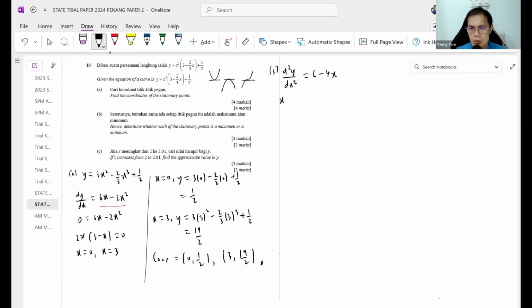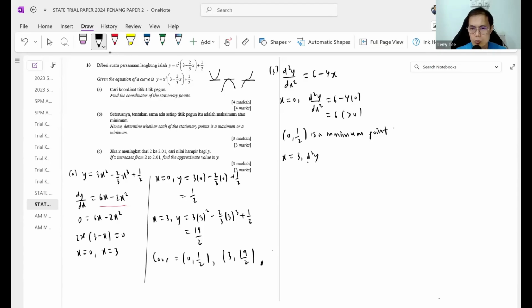Now let us sub in two values. With the first one, x is 0. Your d2y/dx squared will be 6 minus 4 times 0, which is 6. Now notice this is more than 0. If it's more than 0, we say that this coordinate is a minimum point. Okay, so it's minimum, first part, no problem. Then we sub x with 3.